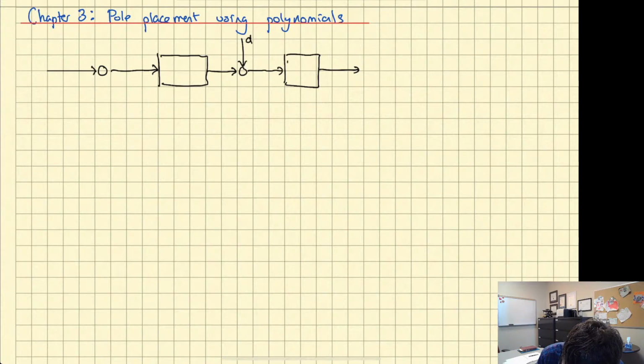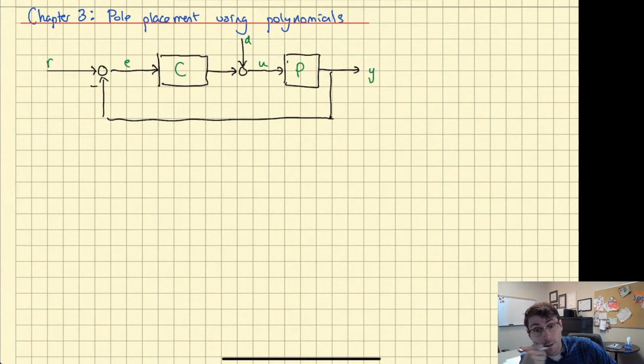All right, so we've got R, E, C, P, Y, D, and U. All right, so our standard unity feedback system.